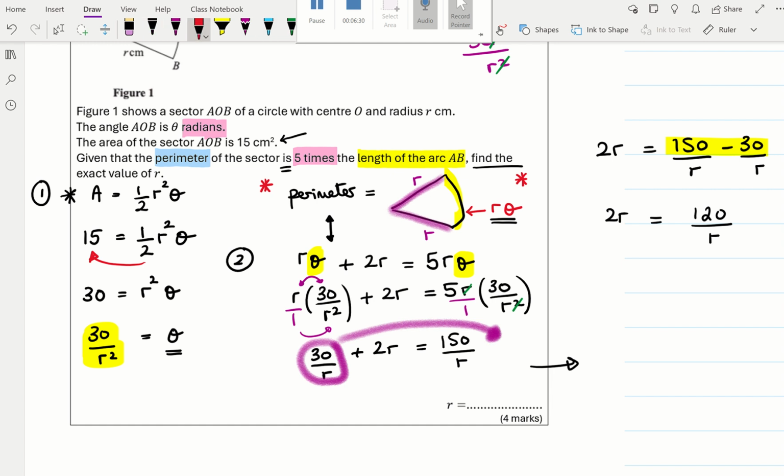And now I can multiply by r to get rid of the fraction. 2r squared equals 120. I can divide both sides by 2, and I get r squared equals 60. And so r is the square root of 60. I have found the exact value of r.